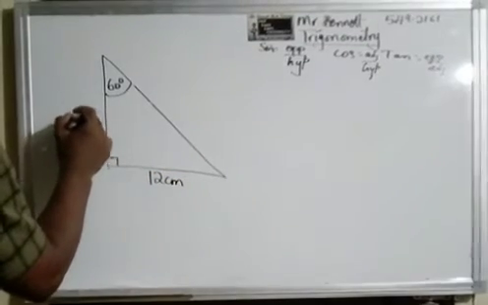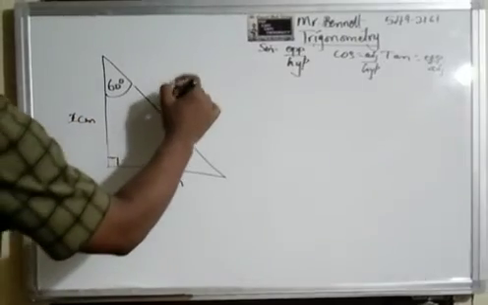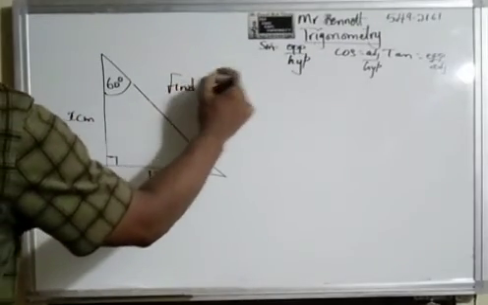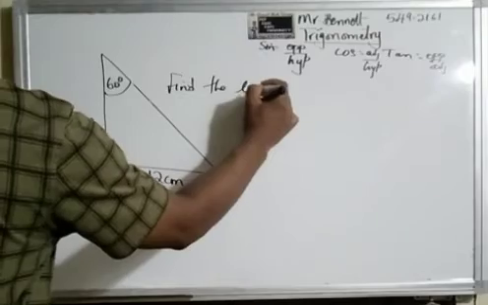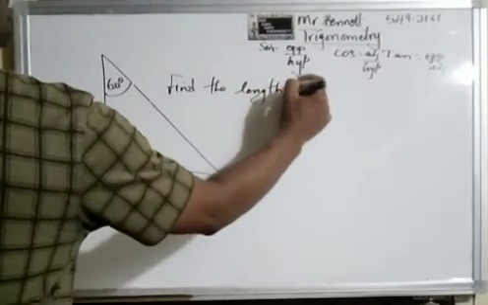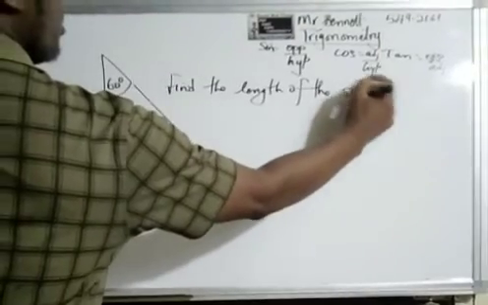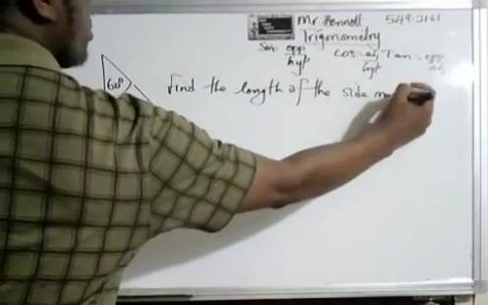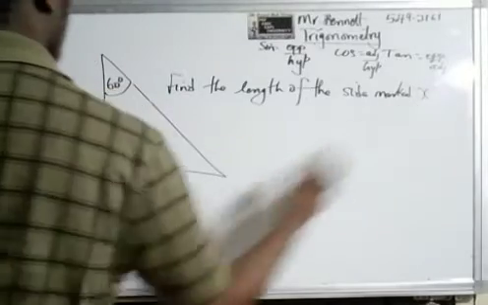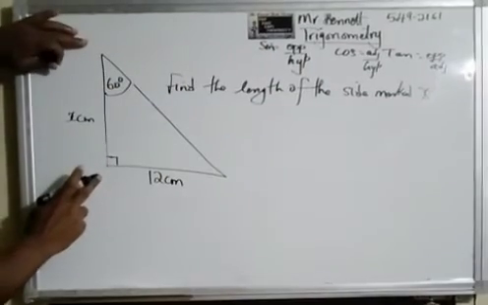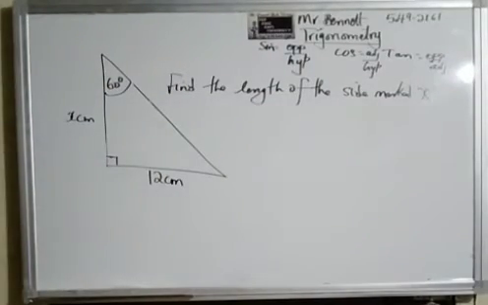Now we are asked to find the length of the side marked X. So basically we are looking for the length of this side, and we're going to use a trig ratio to get that.